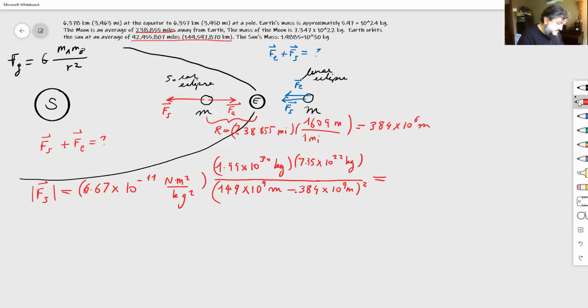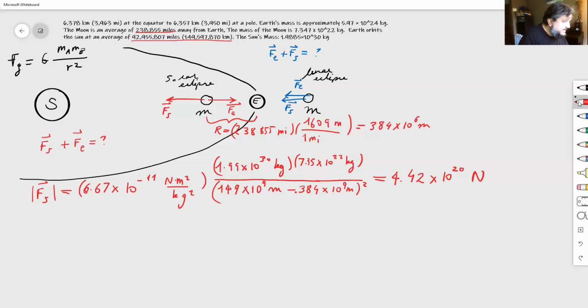Times 1.99 times 10 to the power 30, times 7.35 times 10 to the power 22, times 6.67 times 10 to the power -11. So the answer is 4.42 times 10 to the 20th power in newtons. That's the pull of the sun on the moon.